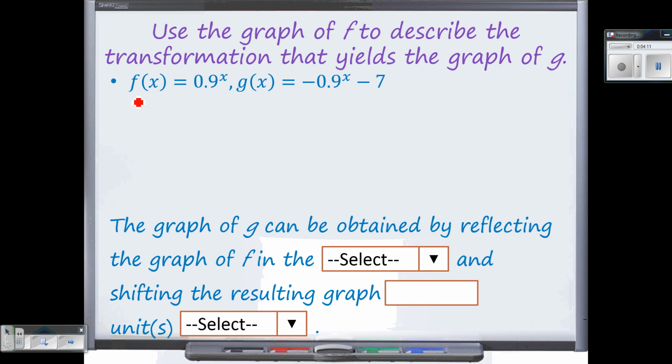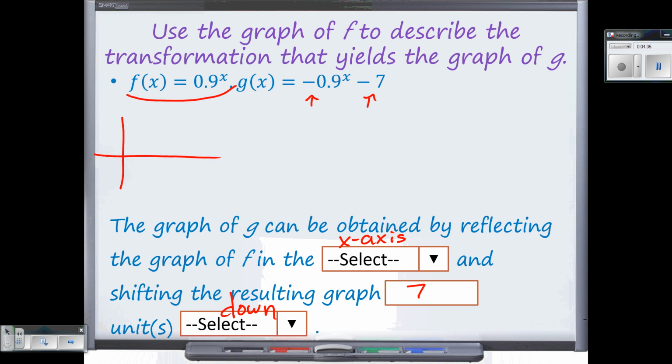Now, what we have to do is realize that this is our parent function. So this is a rotation and a vertical shift. So the shift is 7 units down, and we have a rotation around the x-axis. If you graph these two, you should be able to see it.